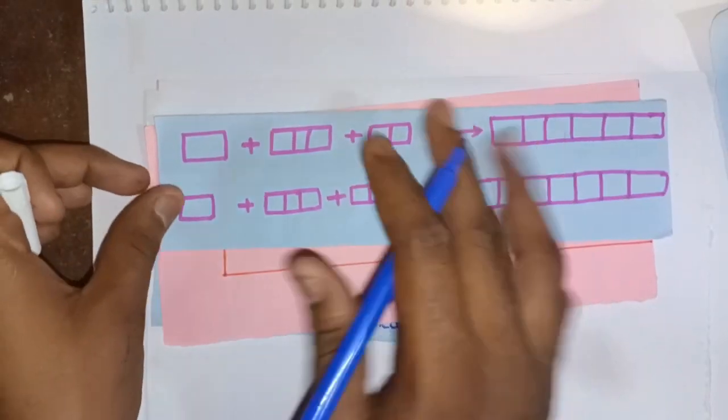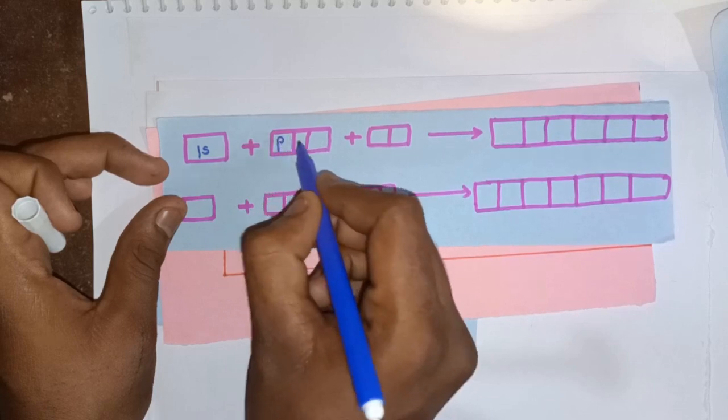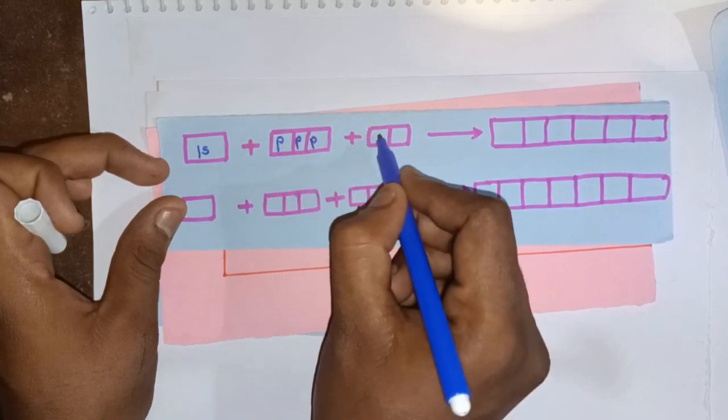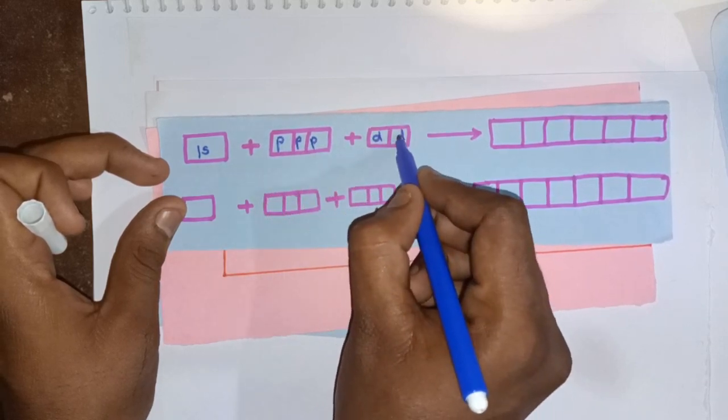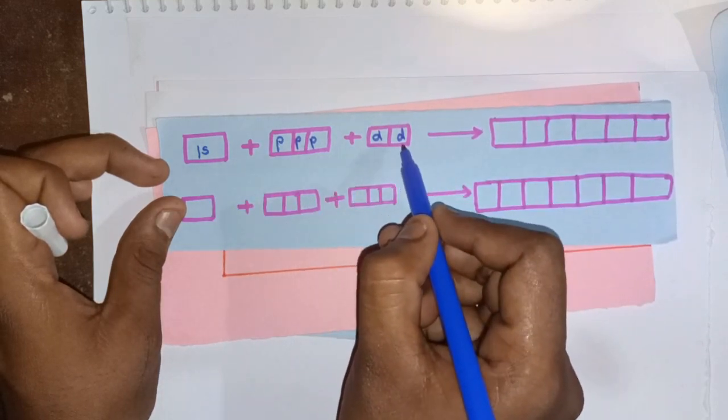Let's find out for the next one. Here one s orbital combines with three p orbitals and two d orbitals to form sp3d2 orbitals.